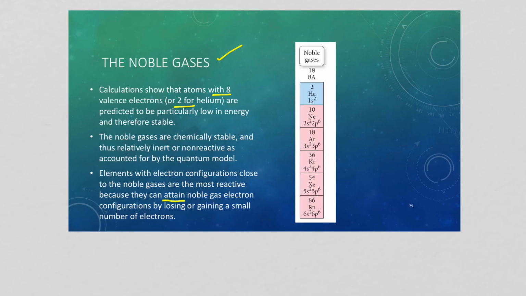So they're trying to attain noble gas electron configurations by either losing or gaining small numbers of electrons, 1, 2, 3 electrons, to get to this, quote, stable configuration. So if we look back at the ions that these groups form, that's what they're doing, right? They're trying to match the electron configuration of the nearest noble gas.